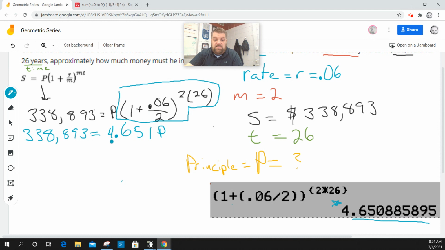And then now it's easy. To move the 4.651 to the other side, I just divide both sides by 4.651. I think I said the number wrong, but you know what I mean.